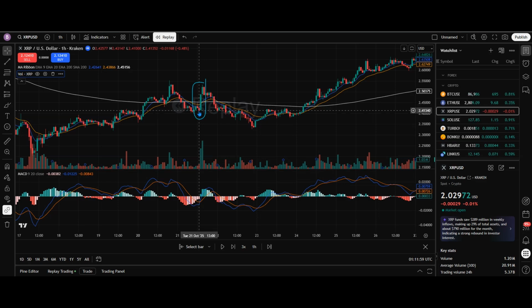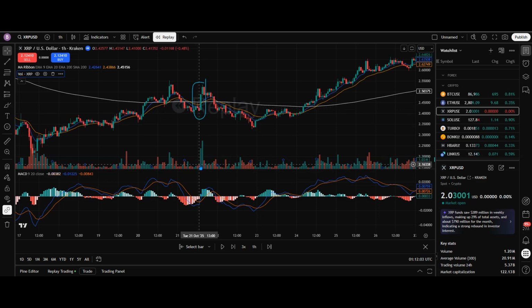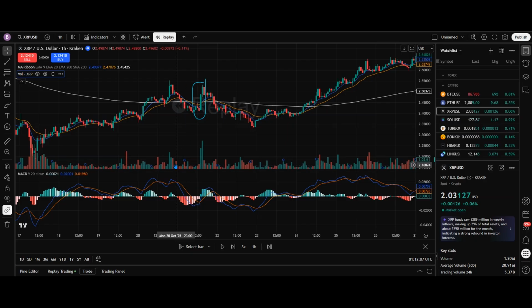Like this is sellers, right? Red candles are sellers. It's a bearish candle. So pretty moderate, pretty steady volume coming off of this sell. But then when you look at the candle right after it, we had a massive push in volume. Like a massive push in volume.